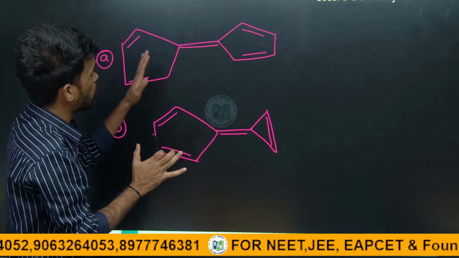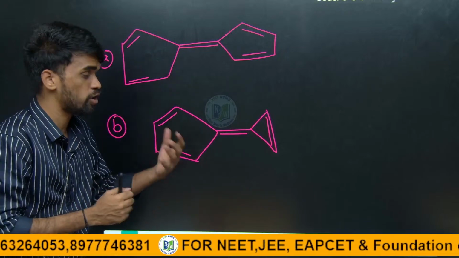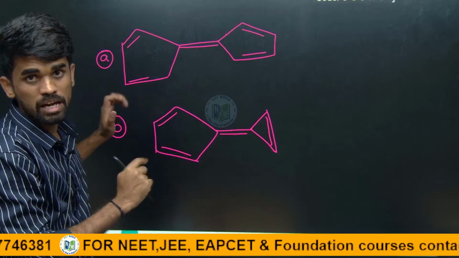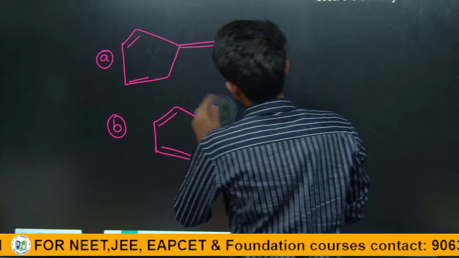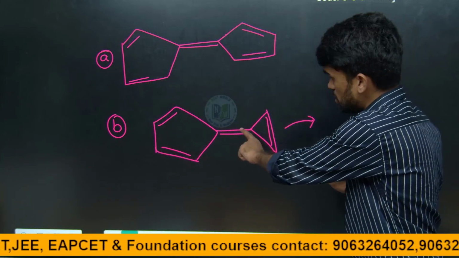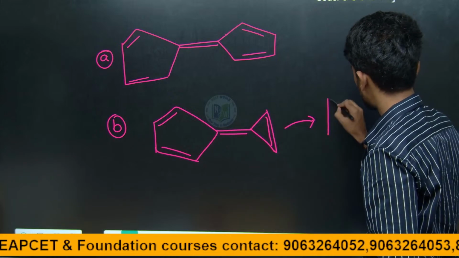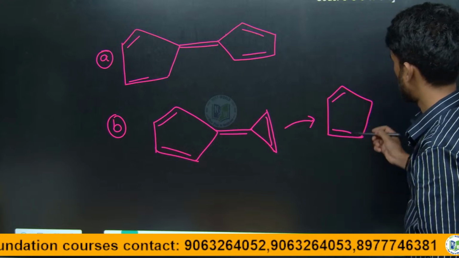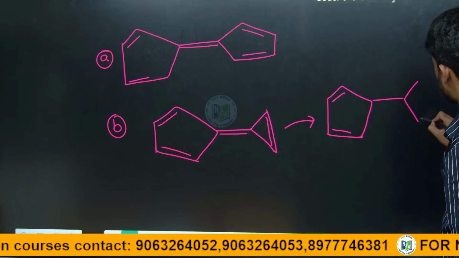Otherwise, tell me, out of these two, which is more aromatic? If we look like this, both look non-aromatic, but if you take the respective anionic forms, the molecule will not stay like this, it will actually be in this manner.